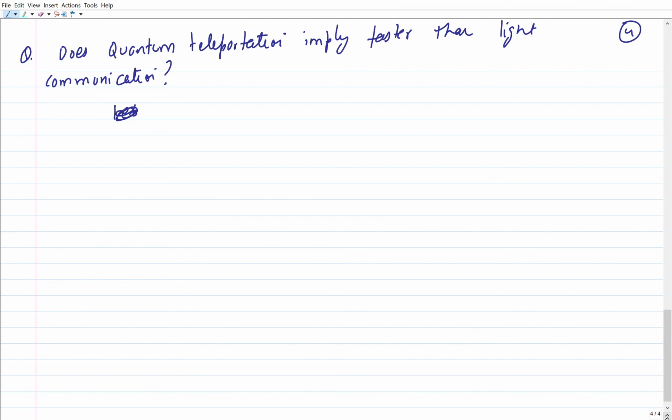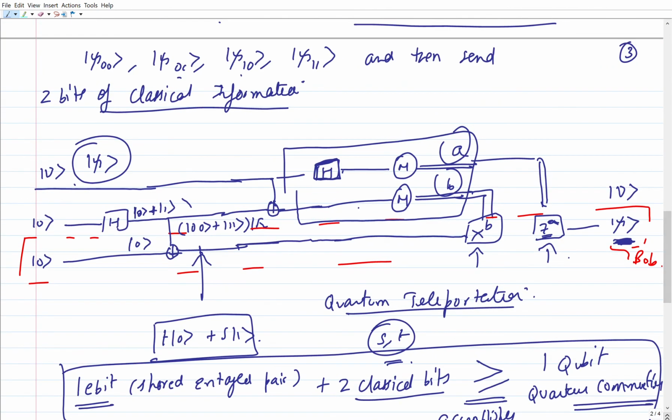Think about it. This is a circuit diagram.